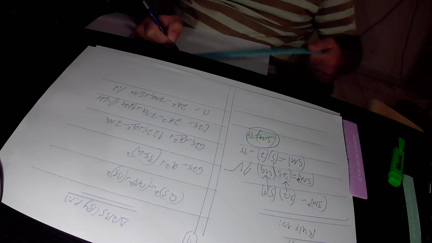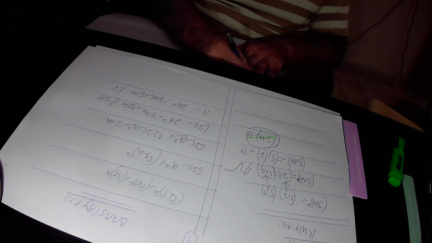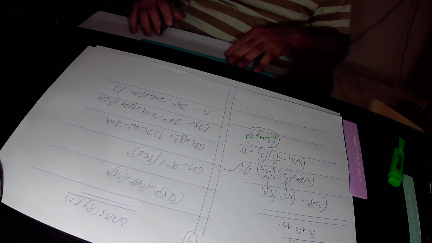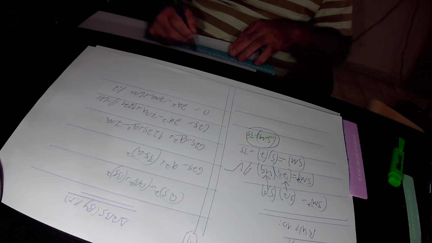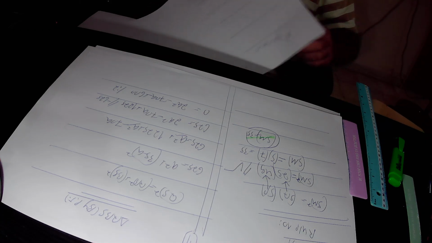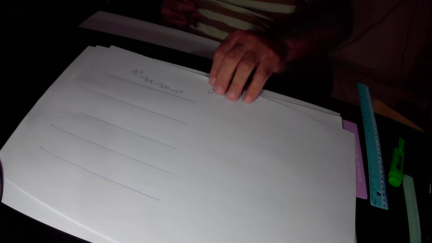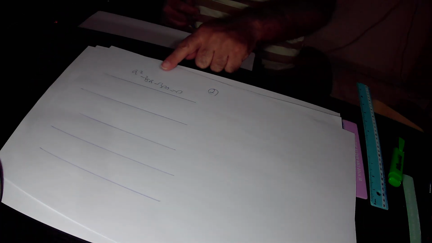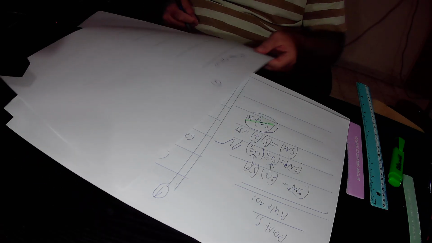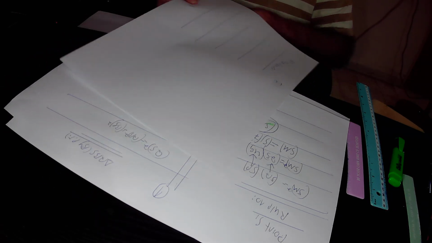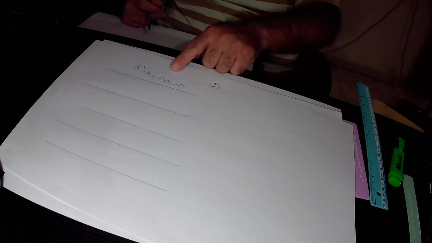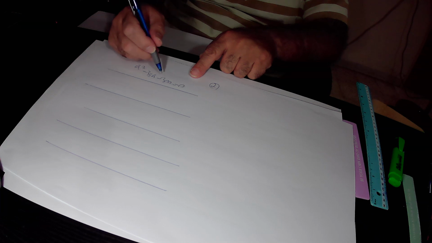So in total, we should know that a squared minus 35a plus 300 equals 0.